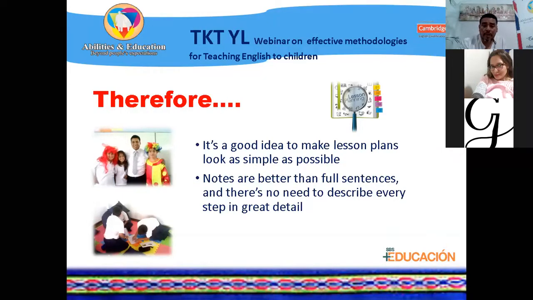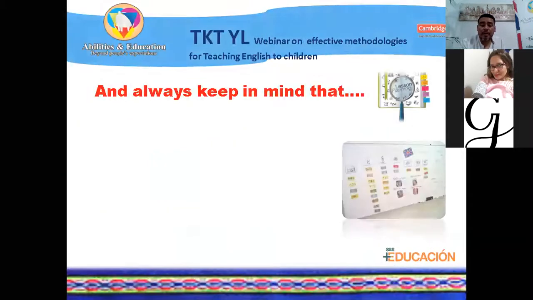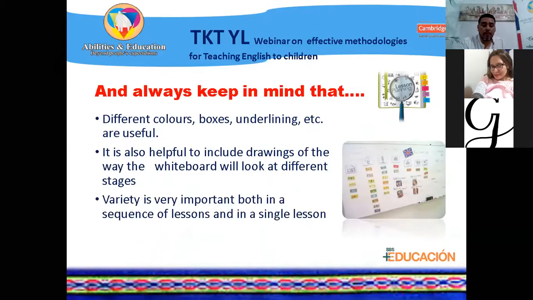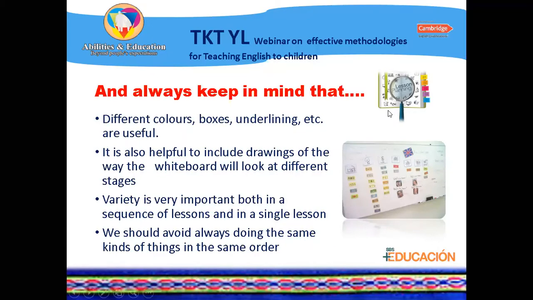Notes are better than full sentences, and there's no need to describe every single step in great detail. Because a lesson plan should be clear and easy to read during the lesson. Different colors, boxes, underlining, etc. are useful. And variety is very important both in a sequence of lessons and in a single lesson. We should avoid always doing the same kinds of things in the same order.